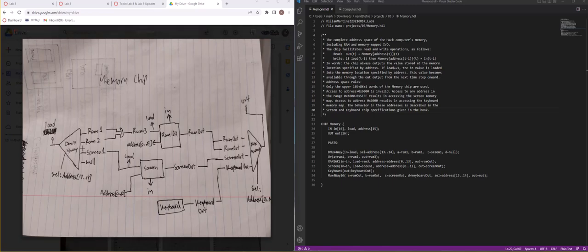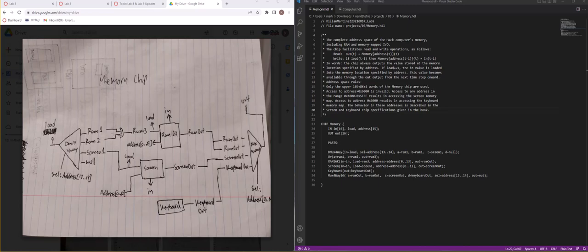14th and 15th bit of the address, which in this case would be 13 and 14 on HDL since it starts from 0, it would either go to the RAM, it would go to the screen, and it wouldn't go anywhere else, because the keyboard doesn't accept an input.